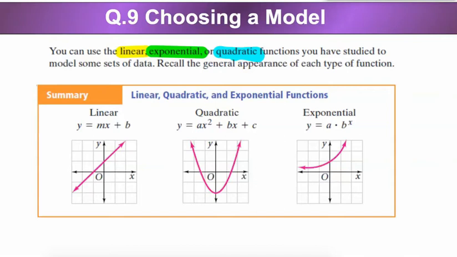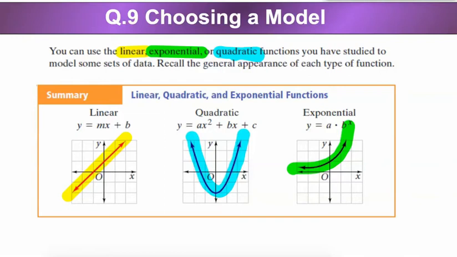The linear model or linear function represents a straight line. The exponential function, we know, increases exponentially. And our quadratic function is the graph of a parabola.